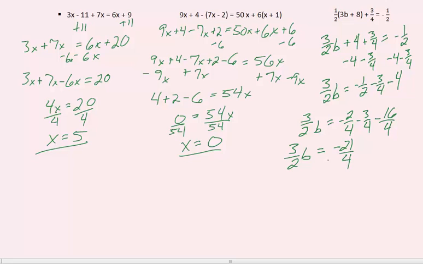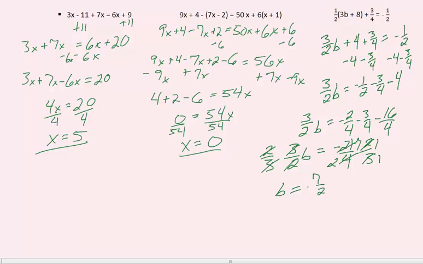over 4. Now if we try to solve for b, we're going to have to multiply each side by 2 over 3, which will get b by itself and multiply the right side by 2 over 3. We can simplify this as 2 goes into 2 once, 2 goes into 4 twice, 3 goes into itself once, and 3 goes into negative 21 7 times.